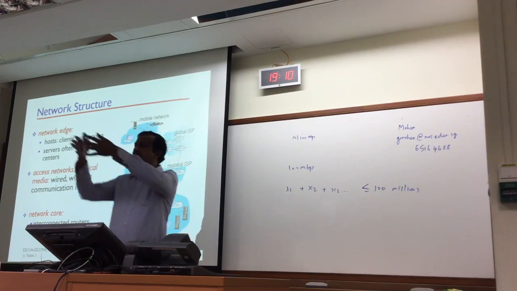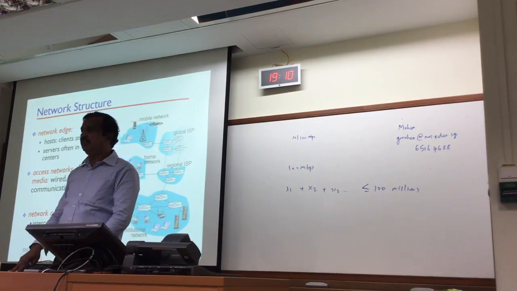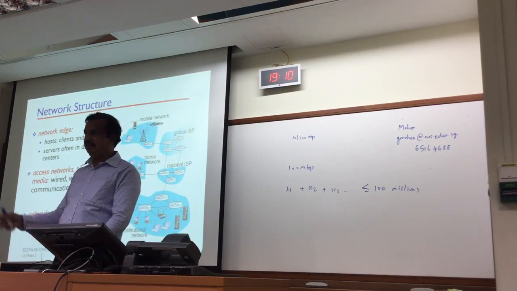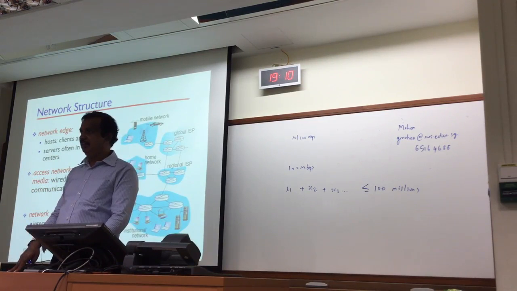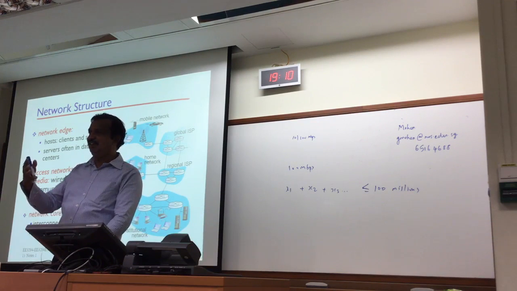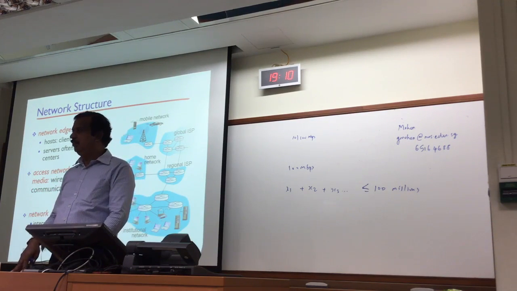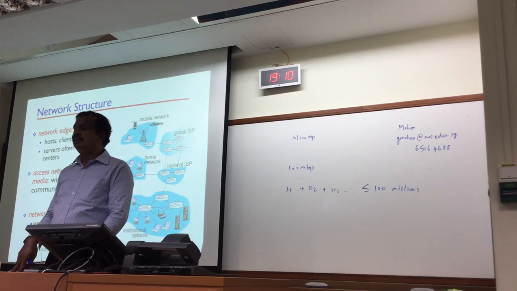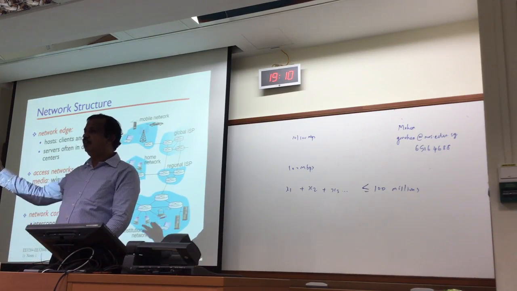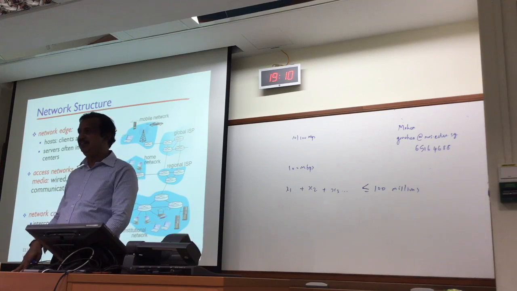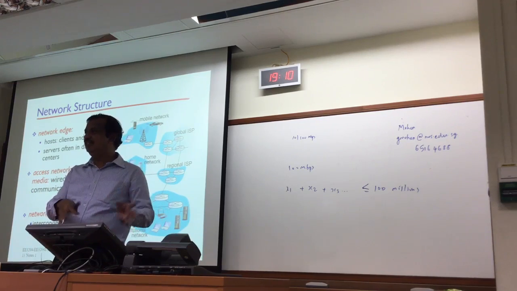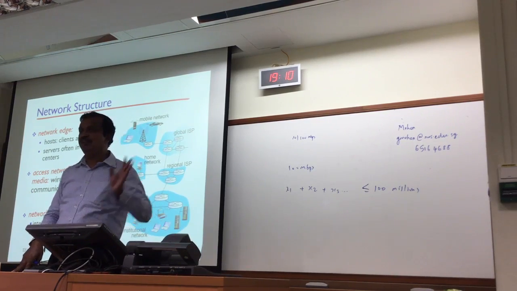How do we connect to the internet? There are different ways. You take home, we need a broadband service, either from Starhub or Singtel or fiber. Fiber is provided by everybody, fiber broadband. But if you are outside on the road, you need 3G or 4G. You are in the campus, you need a different kind of infrastructure to connect to the internet.